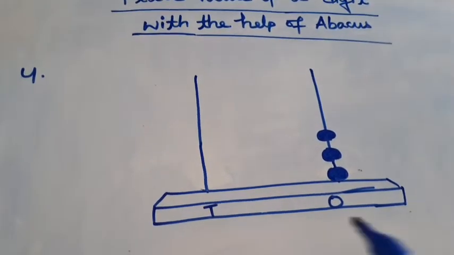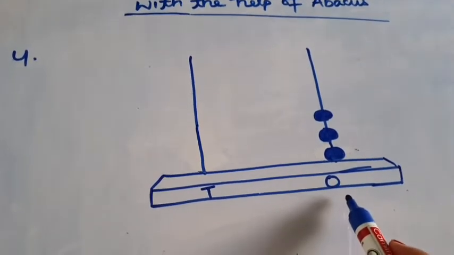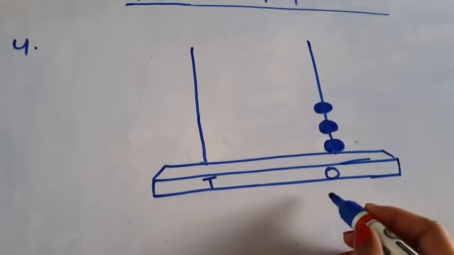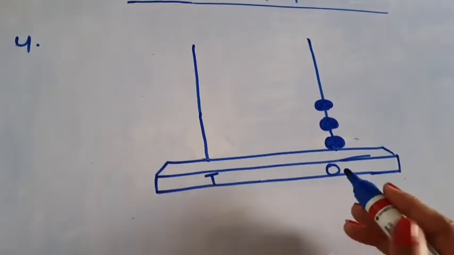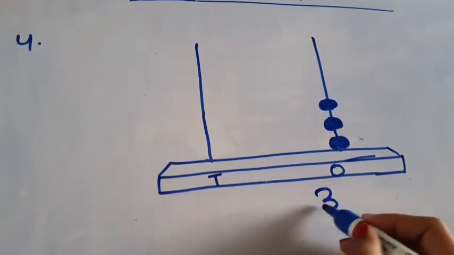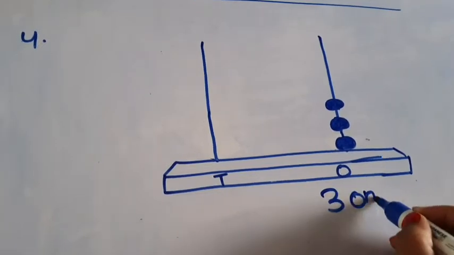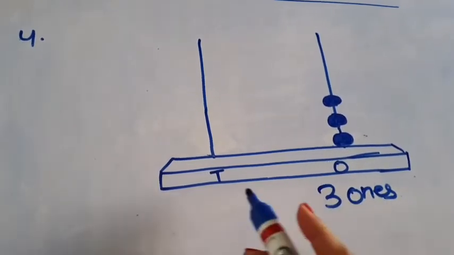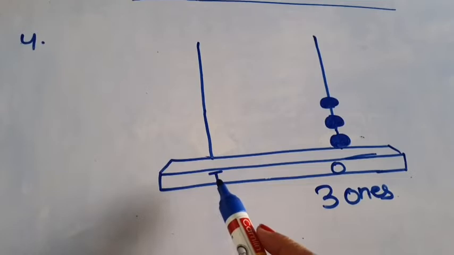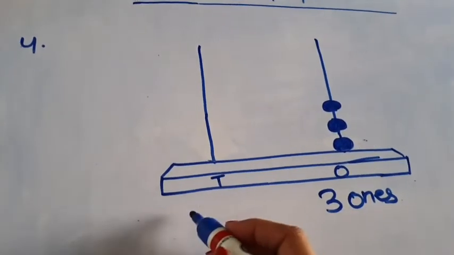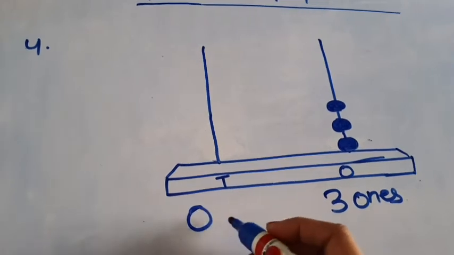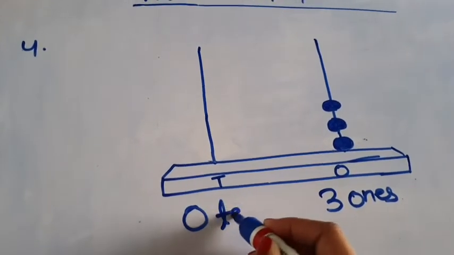Next, in the ones column, what you can see, 3 beads are there in the ones vertical rod. So write down 3 ones. And in the tens vertical rod, no bead is there. So we will write 0 tens.